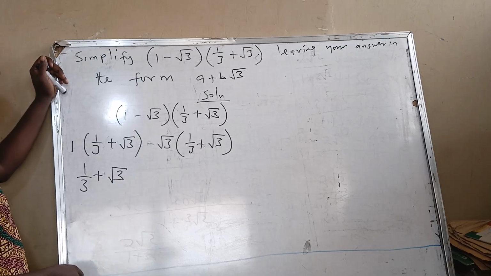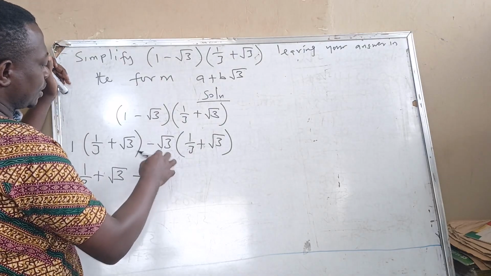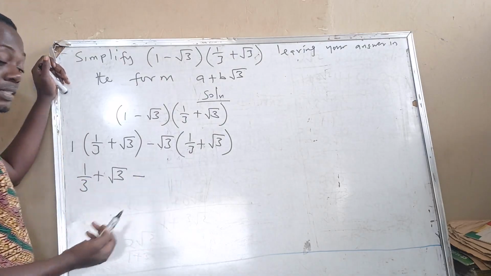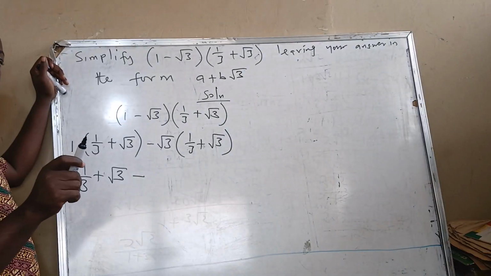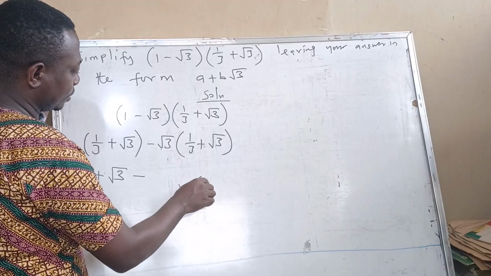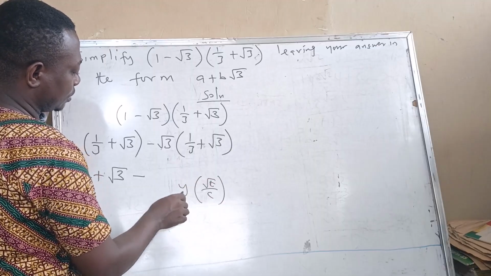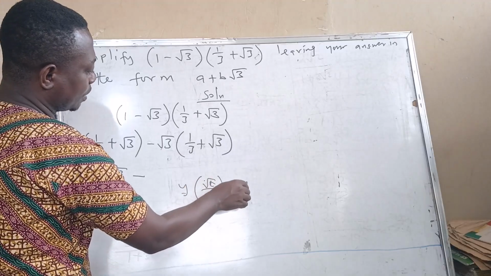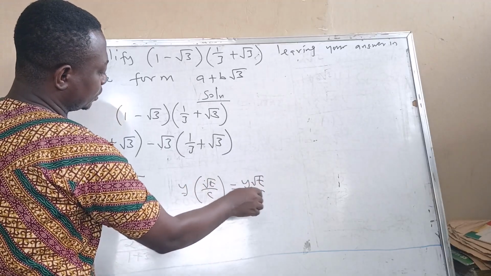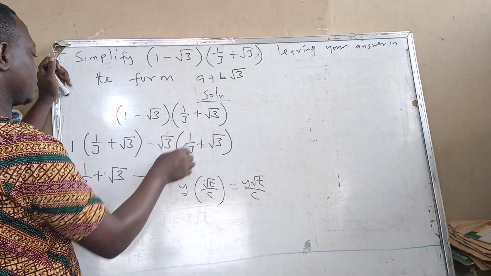Okay, now this times that, so we have minus. Now if you multiply anything by a fraction, it affects the numerator. So this root 3 will affect this, that will be root 3 on 3. So this one multiplying this will affect the numerator.